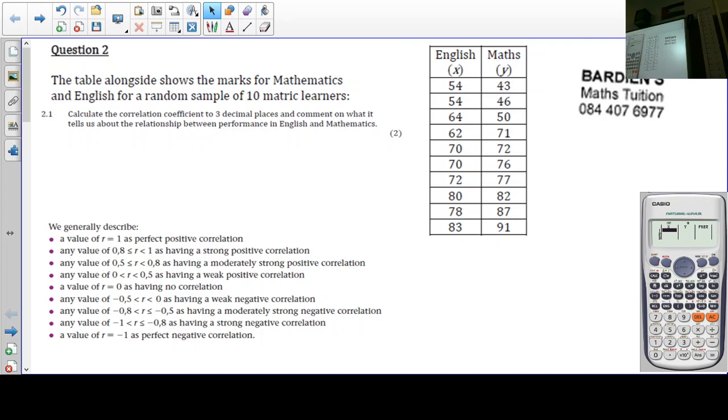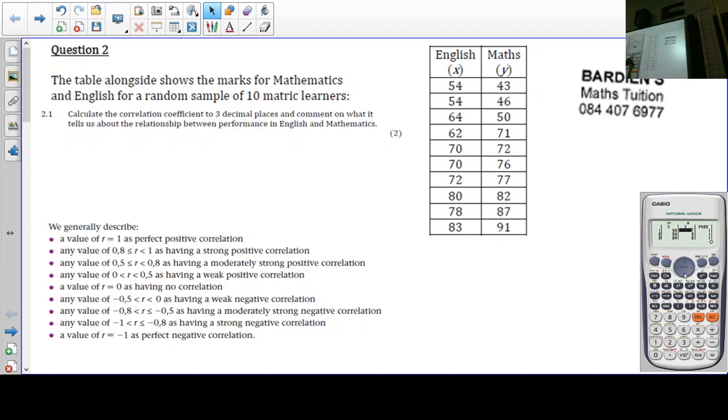So the first entry is 54, then 54, then 64, then 62, then 70, then 70, then 72, then 80, then 78, and then 83.